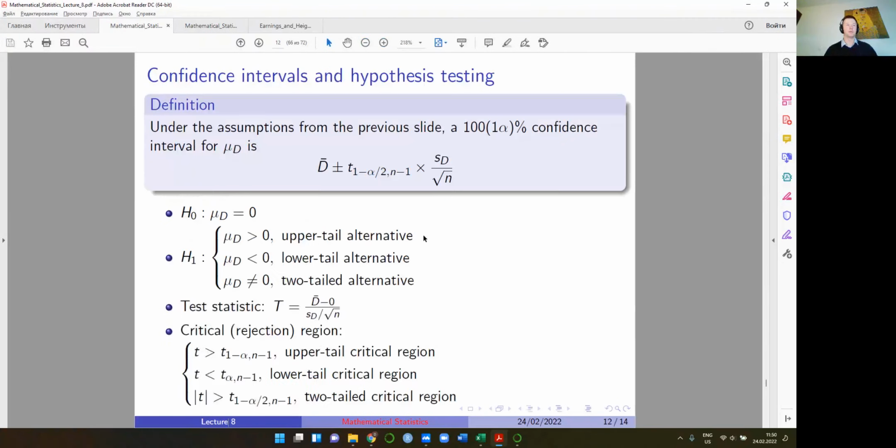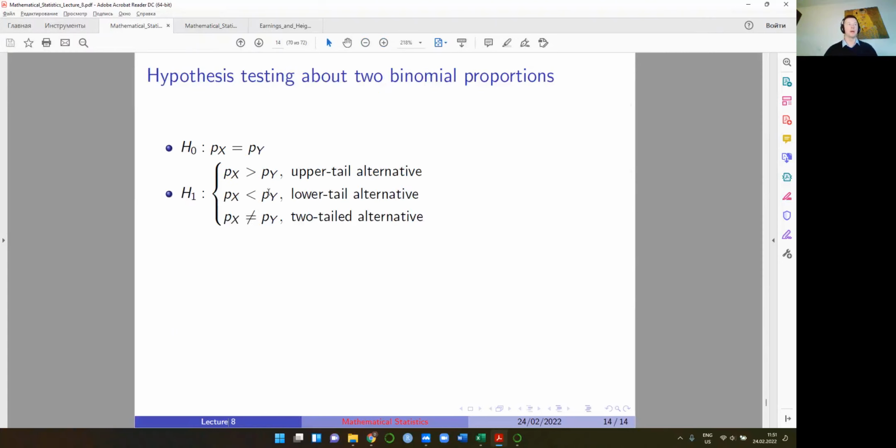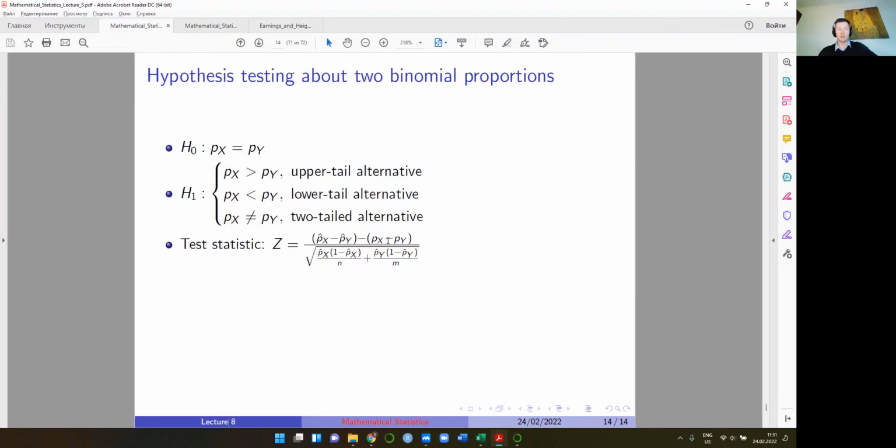And if you want to test the hypothesis about two binomial proportions, we do the following. First of all, usually the null hypothesis is that the two proportions are equal. The alternative hypothesis is one of these, depending on what you want to prove, whether one proportion is greater than the other, or they are just not equal. Well, we use this statistic, which is built, if you can see the parallel, very similar to the statistic for the one sample proportion.